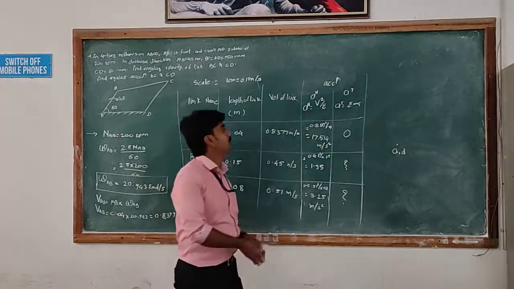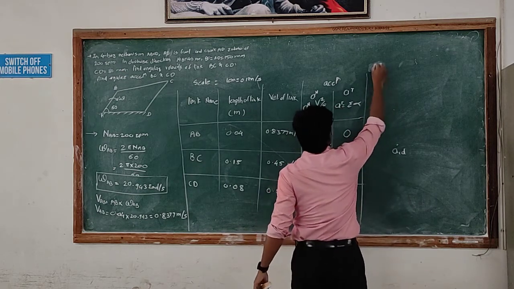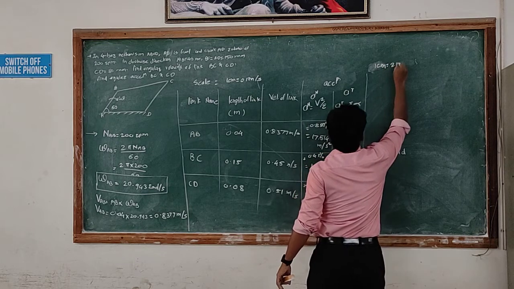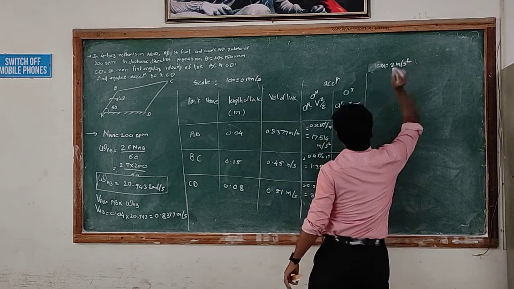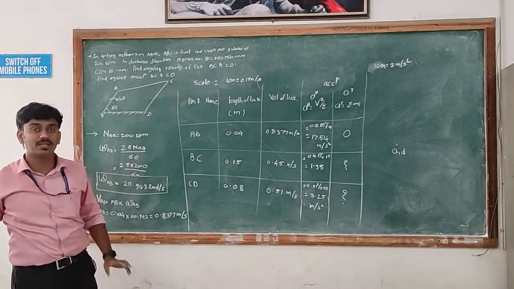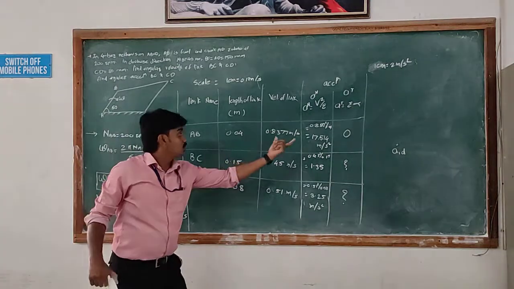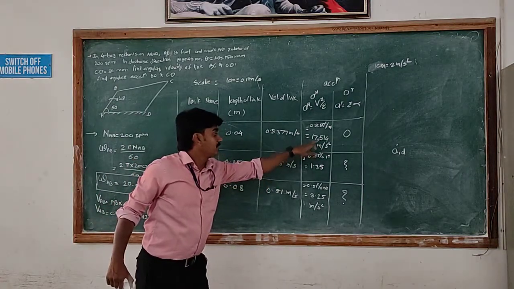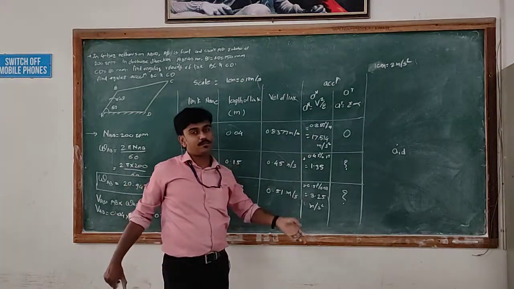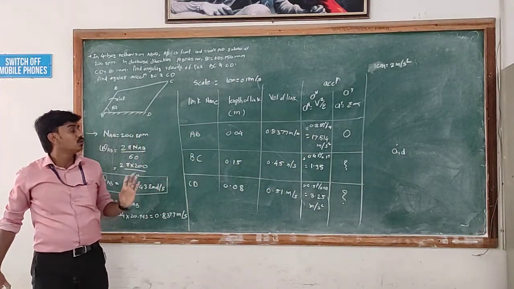So we will take some scale, that is 1 centimeter is equal to 2 meter per second square. So this value becomes, if we divide it by 2, we will get 8.8 centimeter. Okay.